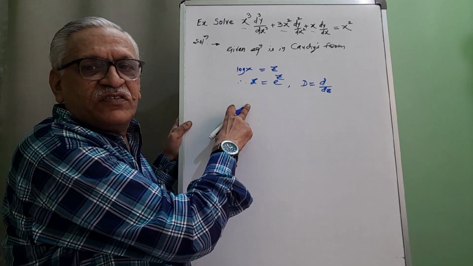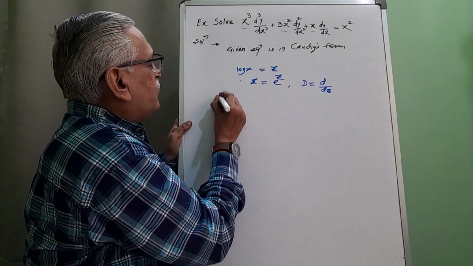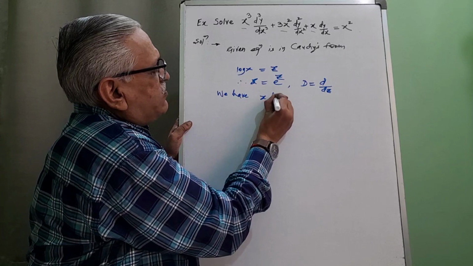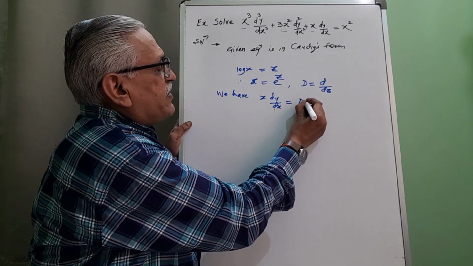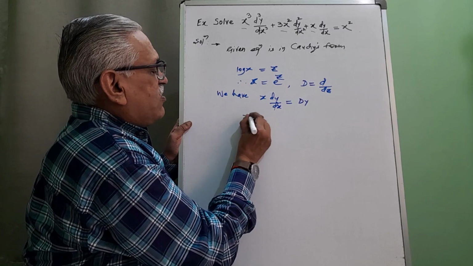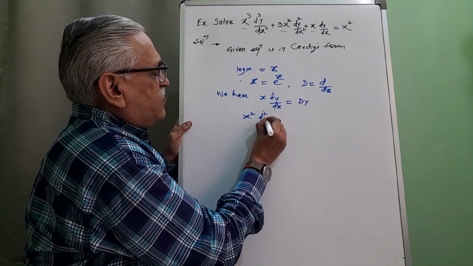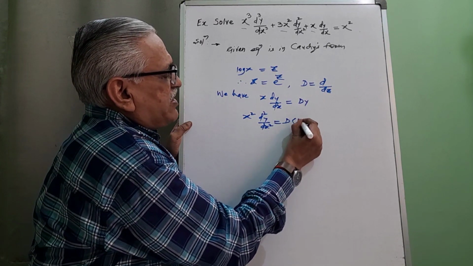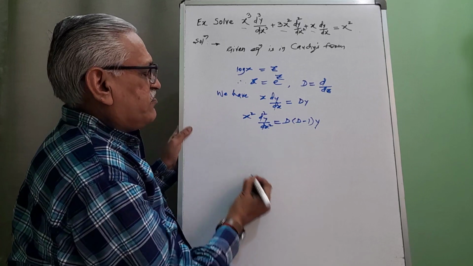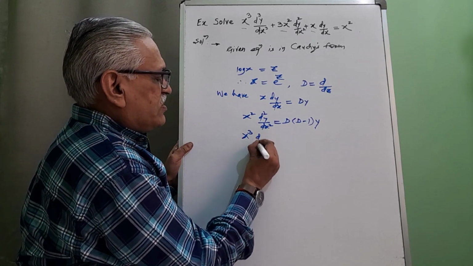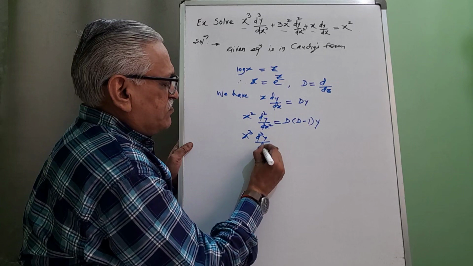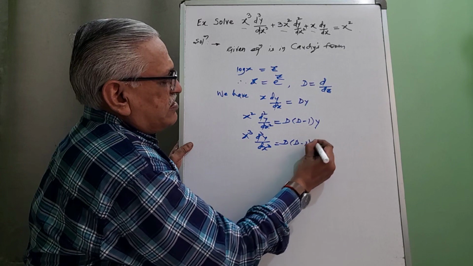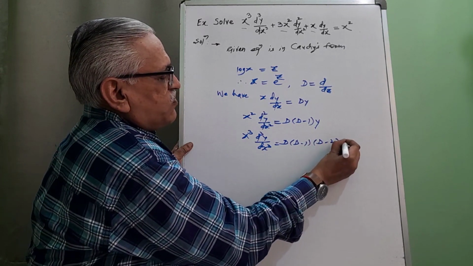With this substitution, we have the value of x dy by dx as Dy, the value of x square d2y by dx square as D multiplied by D minus 1 into y, and x cube d cube y by dx cube as D into D minus 1 into D minus 2 into y.